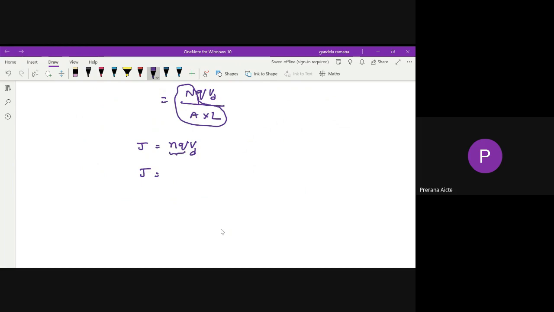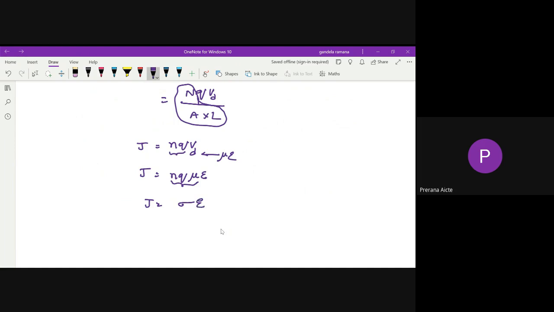Vd means mu into E, so N Q mu E. All these three together are called the conductivity sigma.